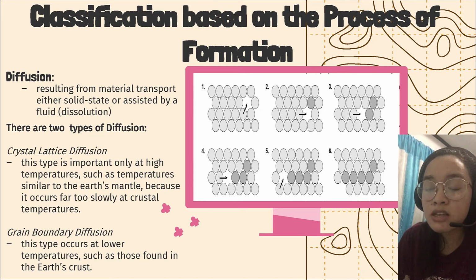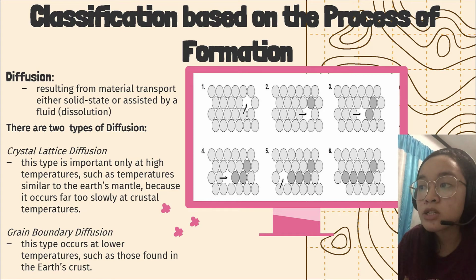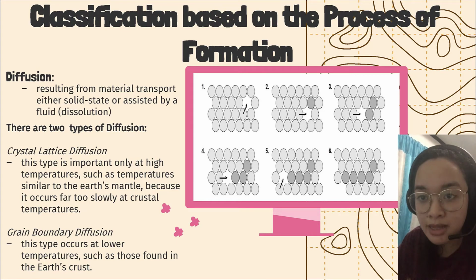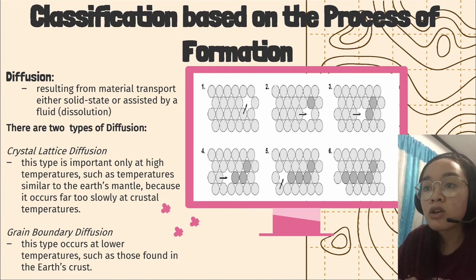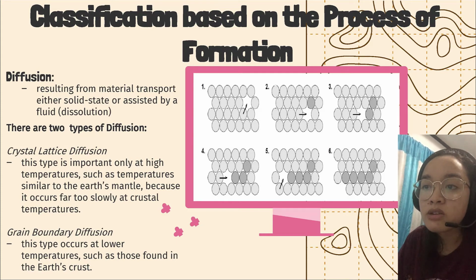Crystal lattice diffusion is important only at high temperatures, such as temperatures similar to the Earth's mantle, because it occurs far too slowly at crustal temperatures. However, the grain boundary diffusion occurs at lower temperatures, such as those found in the Earth's crust.